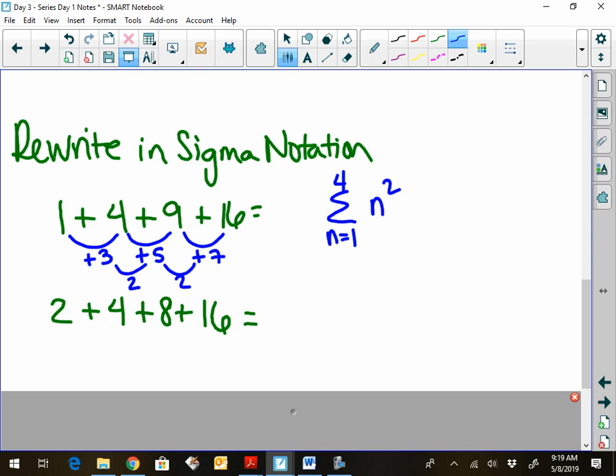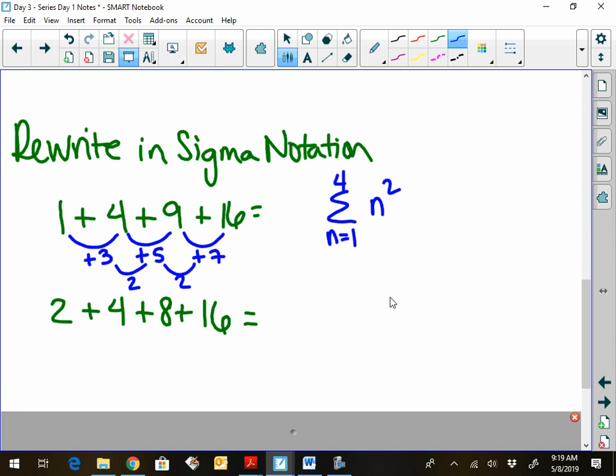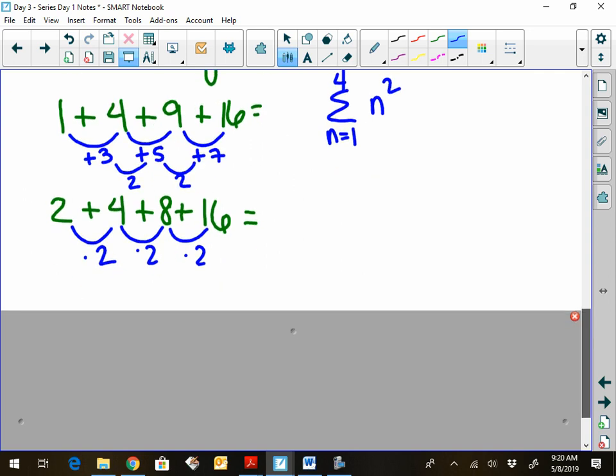So let's try another one. 2 plus 4 plus 8 plus 16. We've looked a little bit at this earlier, but is this arithmetic or geometric? First I would take a look and say, okay, I could add 2 to get to 4, but I could also multiply by 2, and then, oh good, I'm multiplying by 2 each time. So remember, we want that explicit function, right?